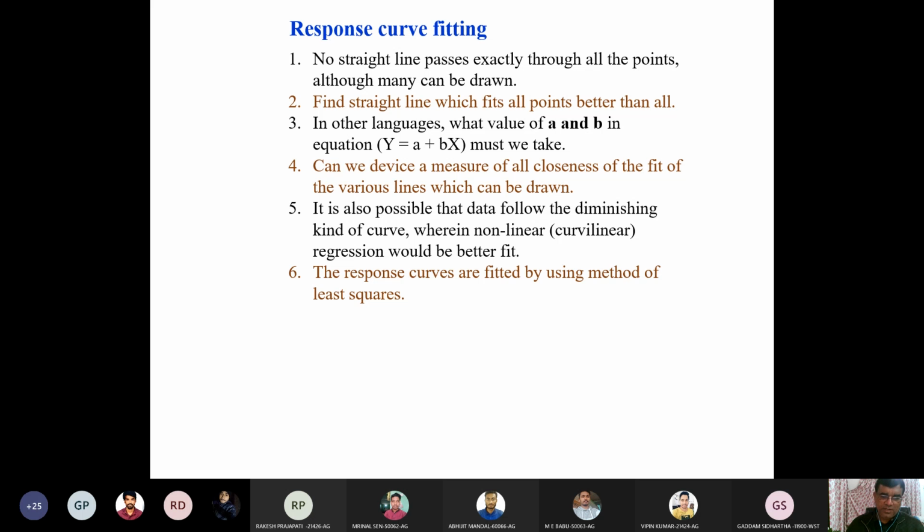For example, if you get a cloth from the market and you want a shirt to be stitched by a tailor, you will go to the tailor and ask him to stitch a shirt for you. Then what the tailor will do, he will take some measurements. He will take the measurement of your chest, your arm, your length, this and that.